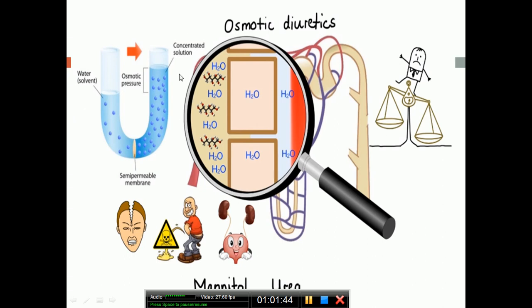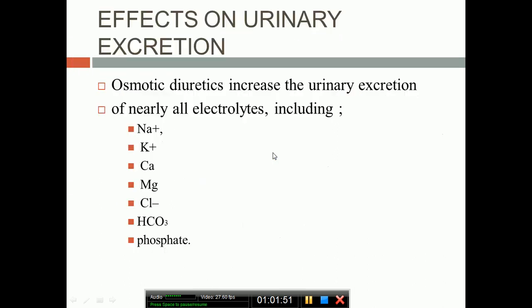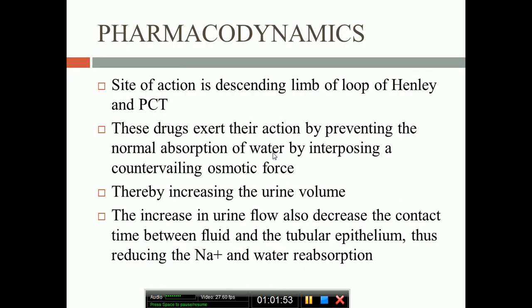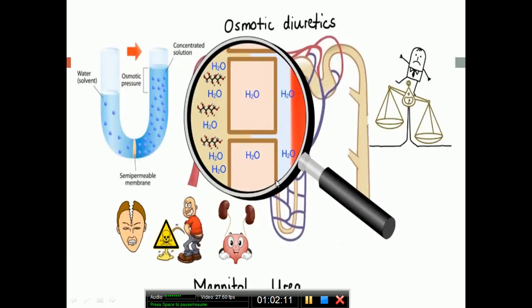We have already described this section. So these are the osmotic diuretics. How do these act? The site of action is the descending limb of the loop of Henle and the PCT. These drugs exert their action by preventing the normal reabsorption of water by interposing a countervailing osmotic force. How?